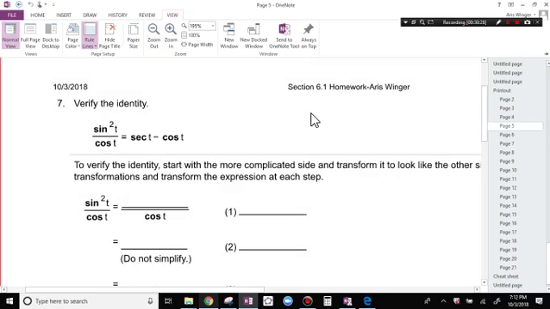Looks like the sine squared needs to become two things. What's sine squared? What two terms does sine squared turn into? 1 minus cosine squared. Right? So you switch sine squared into 1 minus cosine squared, and then we'll see if they don't want us to simplify yet. Then we'll see that it looks like we're going to do some division after that.